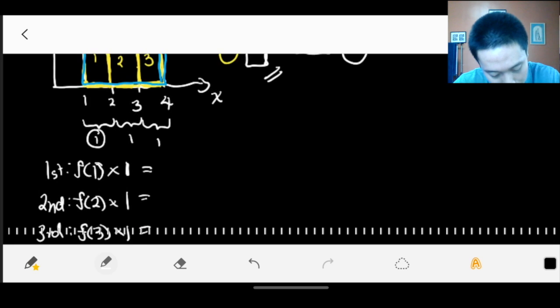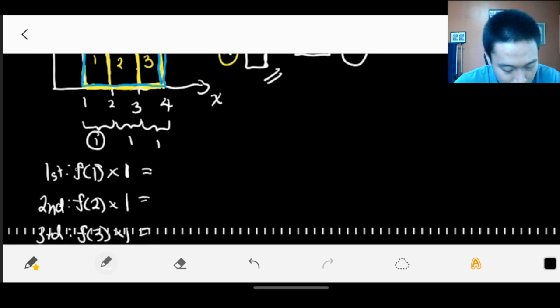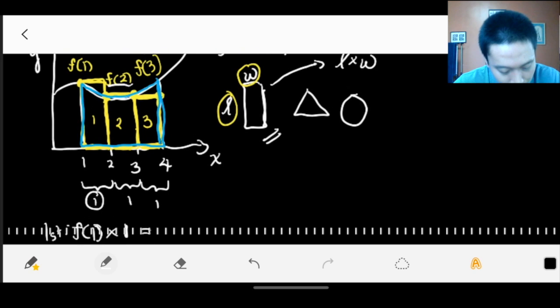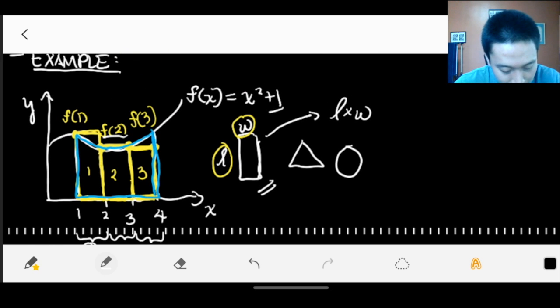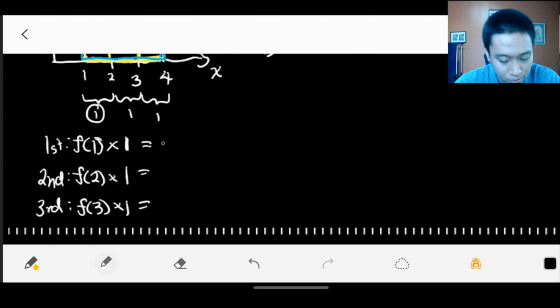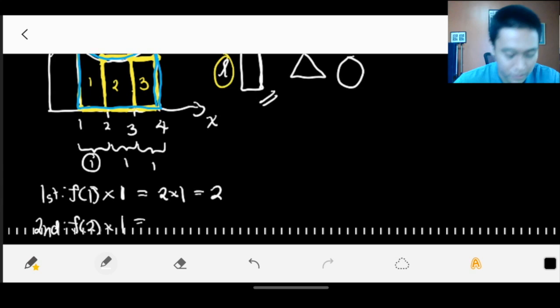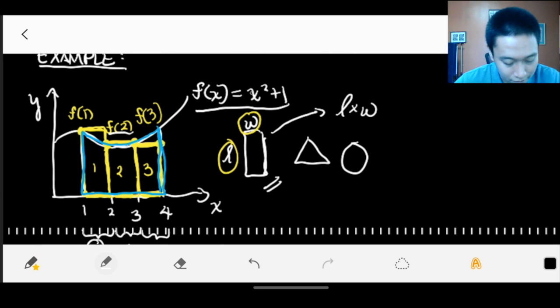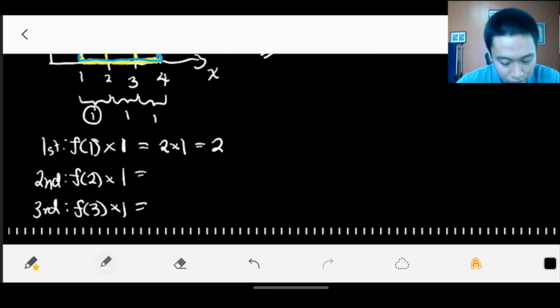So the value of f of 1 comes from substituting x equals 1 in our function x squared plus 1. That would be 2 times 1, which is equal to 2. Then for the second rectangle, f of 2, substitute x equals 2 in x squared plus 1.